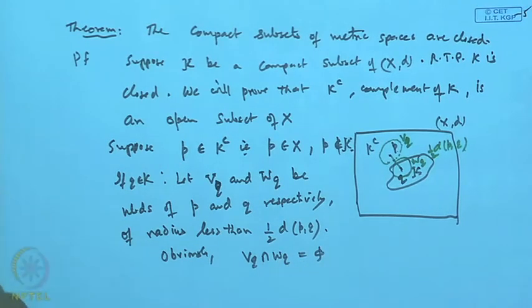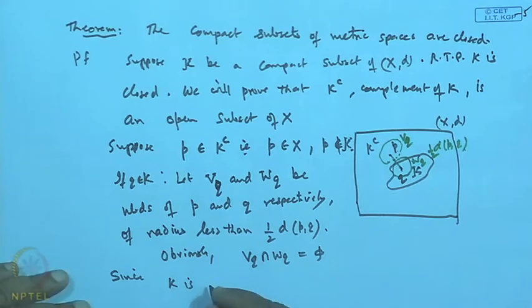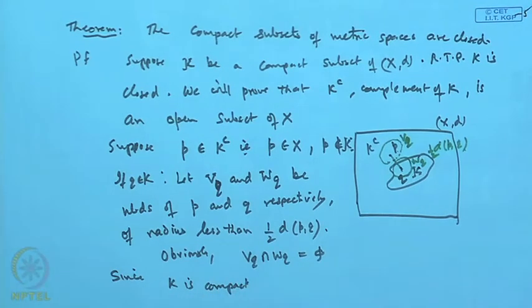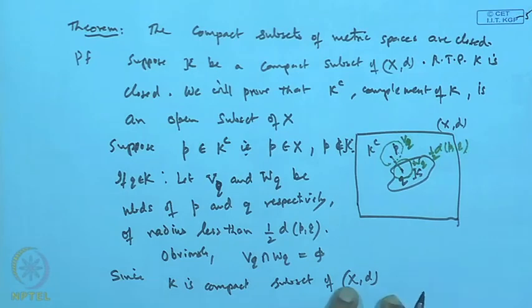Now, since K is given to be compact, a compact subset of the metric space X, every open cover of K will have a finite subcover.